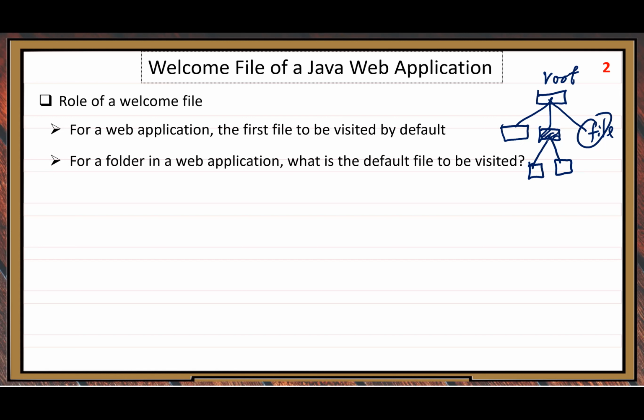You may need to have a welcome file in some of the subfolders, not just the root folder. The root folder, you need one. But for some of the subfolders, there is a chance you may need to put some welcome files. So we need to cover those cases.